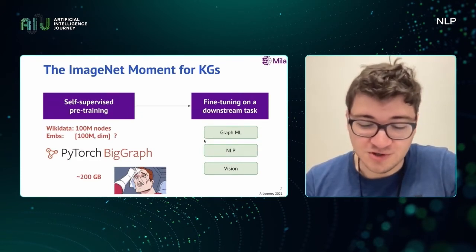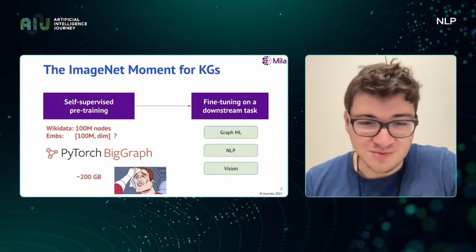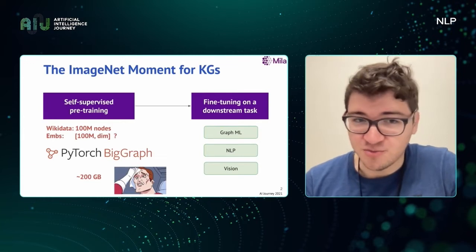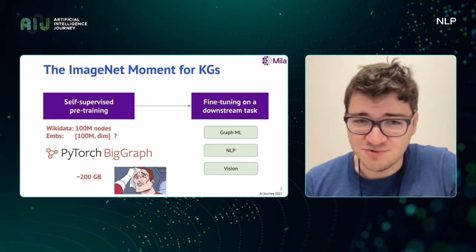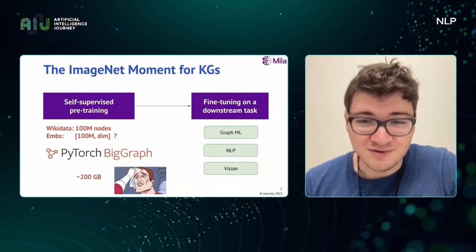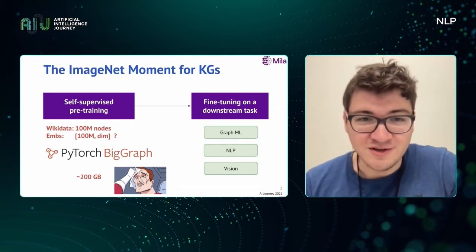Now, some reasons for large representations. Today, the foundation model paradigm is dominating. For this reason, we are training the models first and then fine-tuning them to specific jobs. The same is ongoing in graph ML.